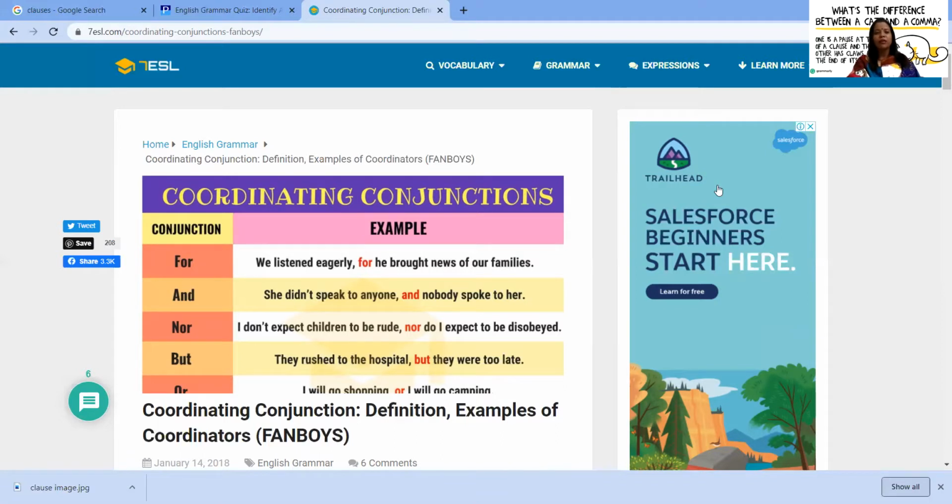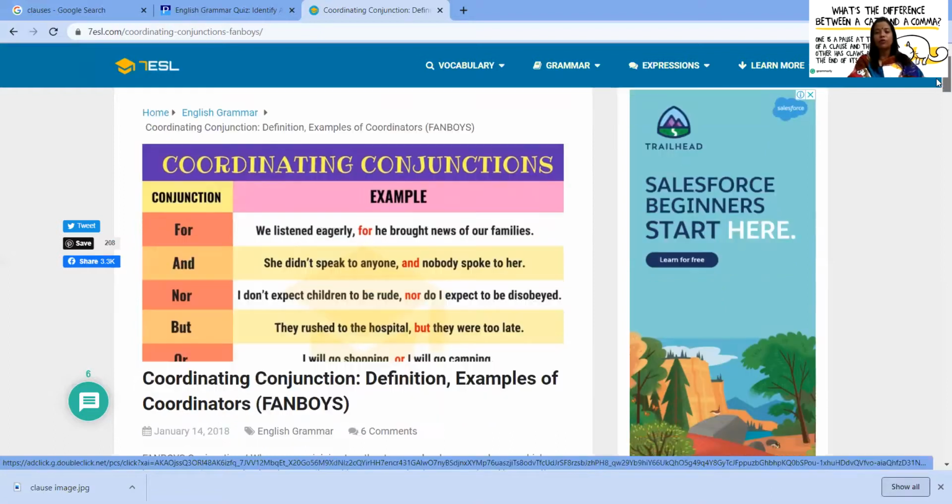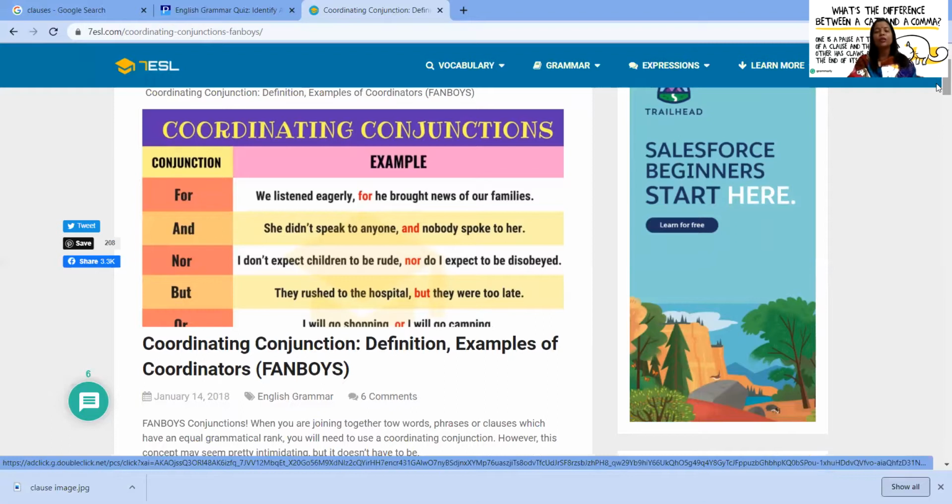This acronym which I'm about to share with all of you is very, very, very important. I still remember that I had discussed this when we were talking about conjunctions, and definitely in class 7 also you all have done this. It is very familiar: FANBOYS. It is an acronym for the coordinating conjunctions.